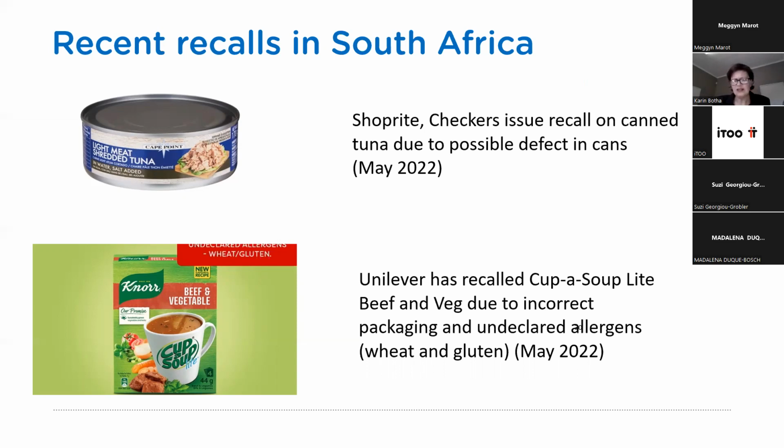Unilever had to recall a cup of soup because they put it in the incorrect packaging, and there were allergens not declared in that specific packaging. And if you go to the next one, it was about baby formula, also recalled due to a potential pathogen. Megan, you can go to the next slide, please.